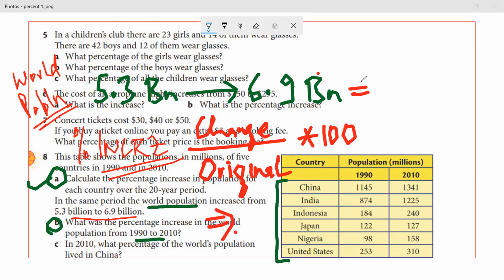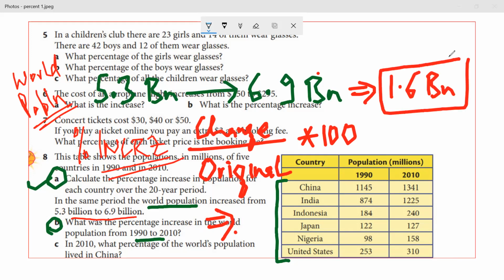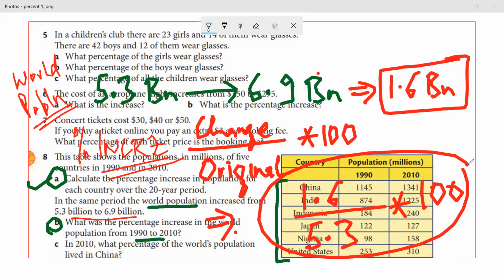What is the change? The change is 1.6 billion. Is it okay? Yes, sir. What would be my percentage increase? It would be 1.6 upon 5.3 into 100. Have you understood? Yes, sir.